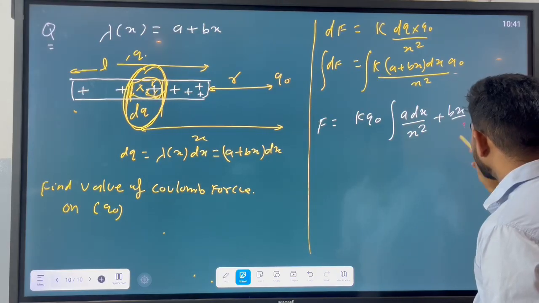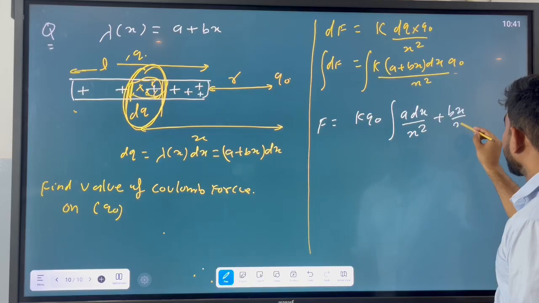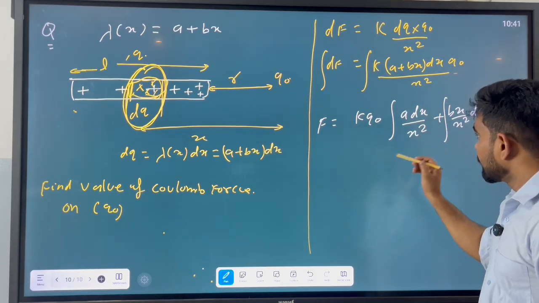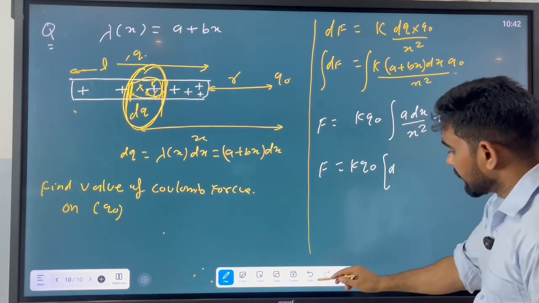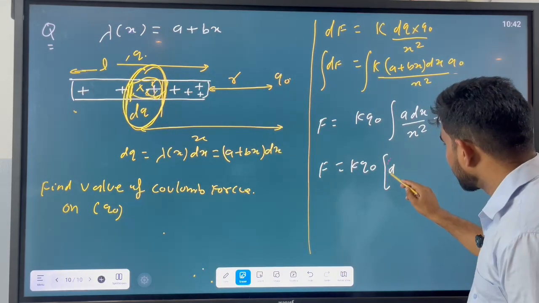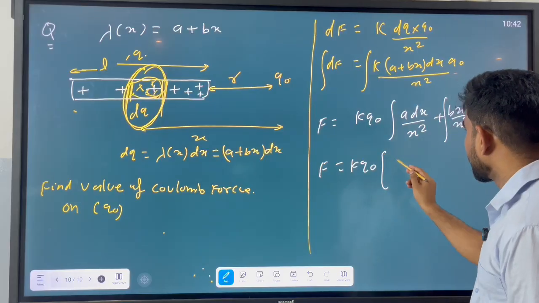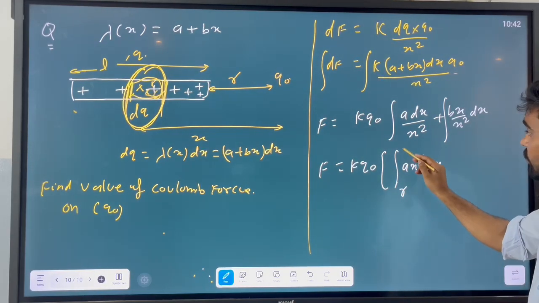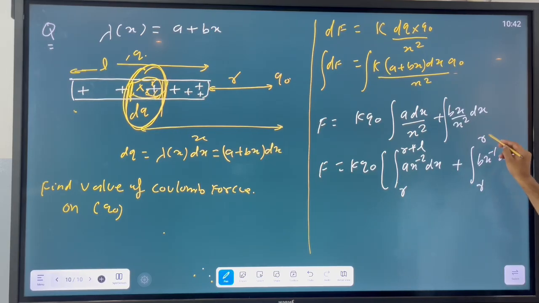Using the integration concept, this becomes the integration of a x power minus 2 dx with limits from r to r plus L, plus the integration of b x power minus 1 dx with limits from r to r plus L.